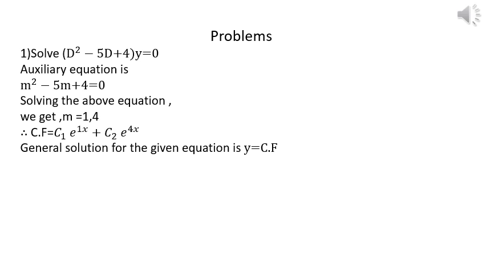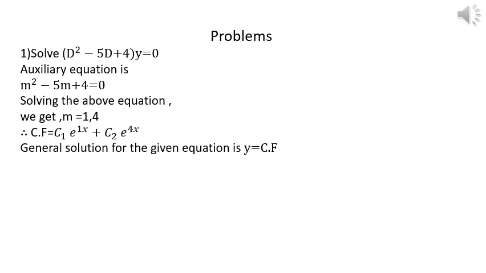We say this is a homogeneous equation because the right hand side is 0. In other words, this equation has only the y term, dy term, d square y term.